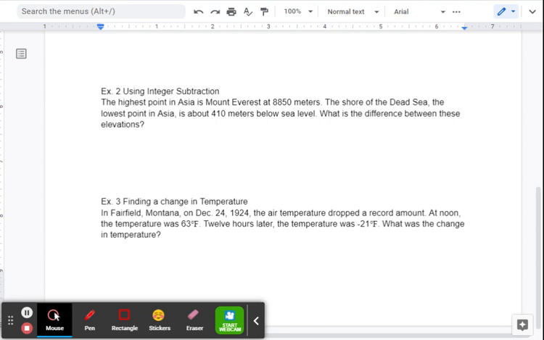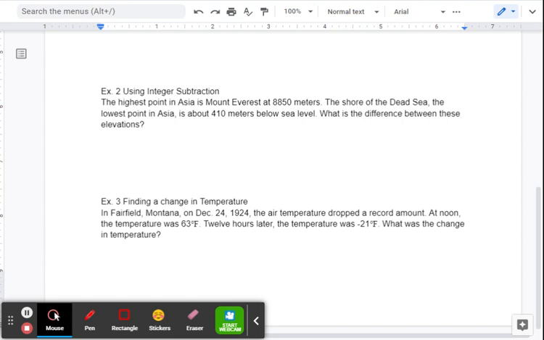Let's try one more. In Fairfield, Montana, on December 24th, 1924, the air temperature dropped a record amount. At noon, the temperature was 63 degrees Fahrenheit. And on our thermometer, we say here's 0, it drops down to negative 21 degrees Fahrenheit.